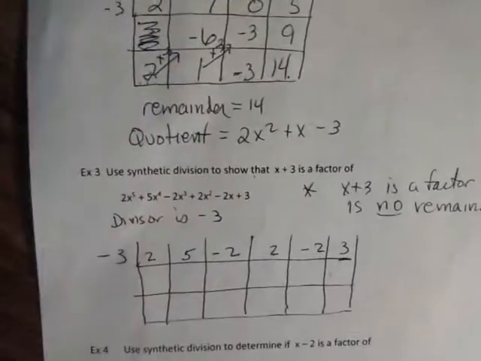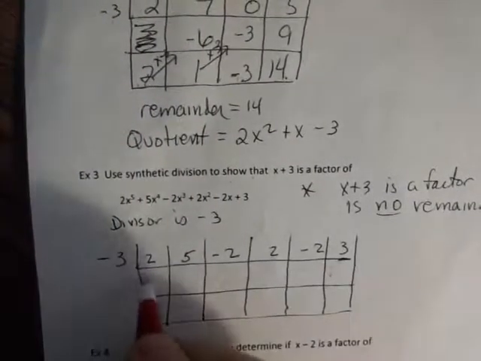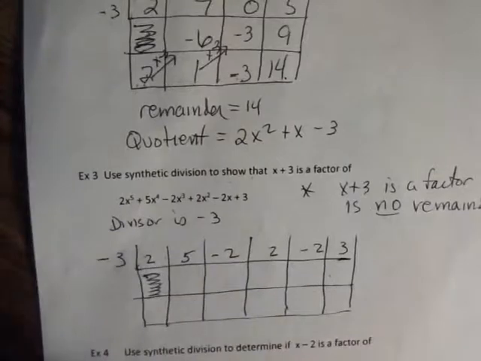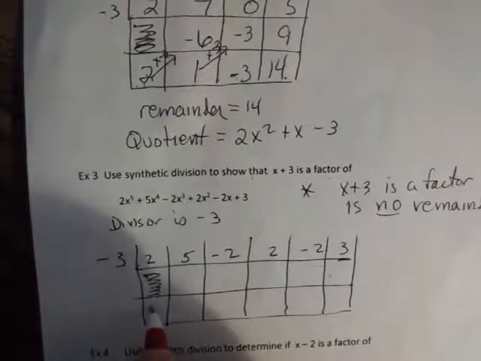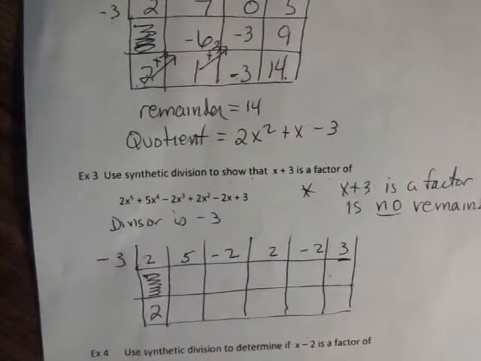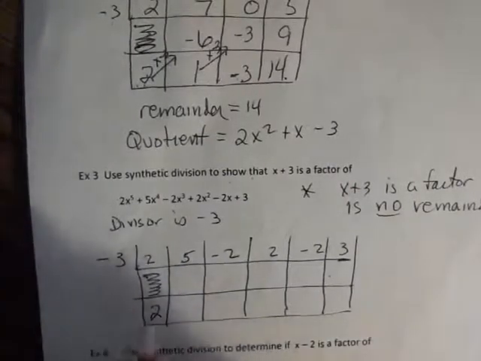So get your little grid set up here. Bring down that first number into your quotient row, and then proceed to multiply.